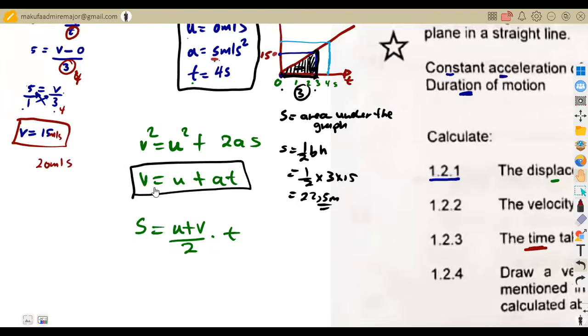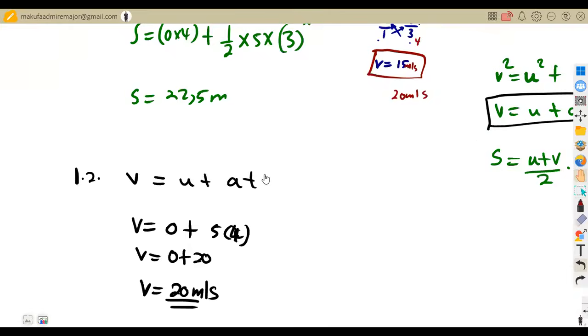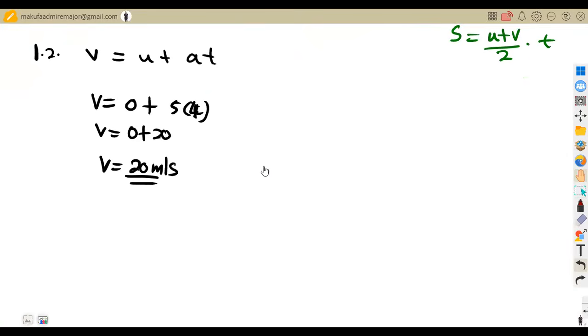We saw that this formula relates velocity and time, so we can play around with it. That is v = u + at, where the velocity at this moment is 15 meters per second, and the question is asking us to calculate the time.